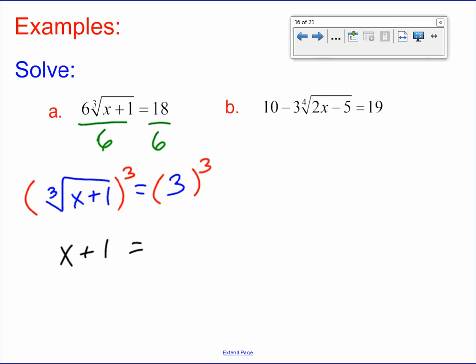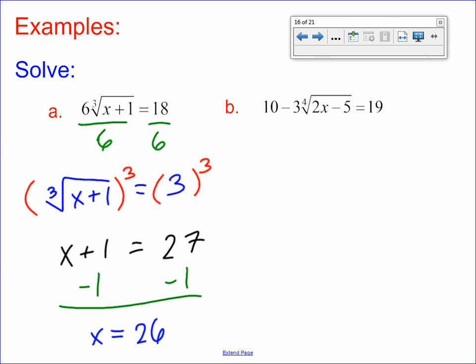When I cube the right-hand side, I go to my half sheet. What is 3 cubed? Now I can finish it out using our regular inverse operations. It looks like a subtraction, and my final answer appears to be x equals 26.